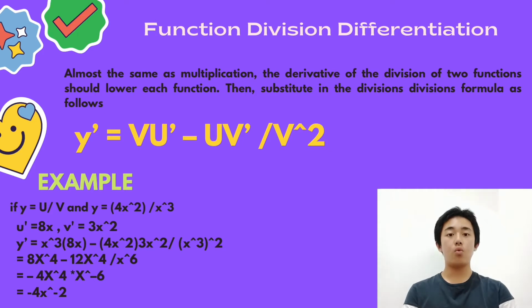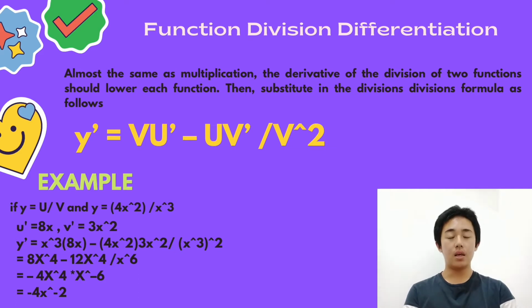So, function division differentiation. The formula is y prime, or derivative of y, equals v times u prime minus u times v prime, divided by v squared. So let's just get started with the example. If y equals u by v, and that is y equals 4x squared by x cubed, that means u is 4x squared and v is x cubed.